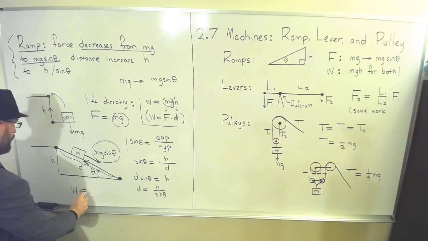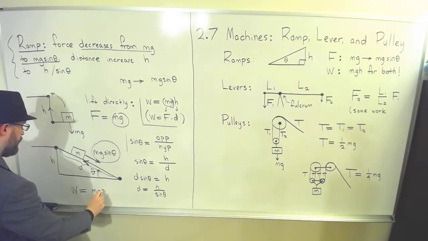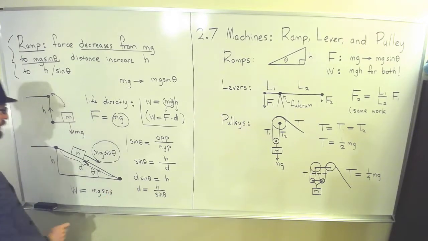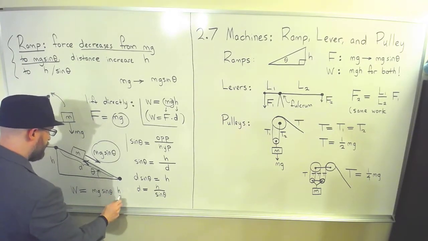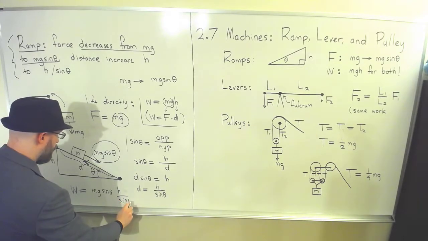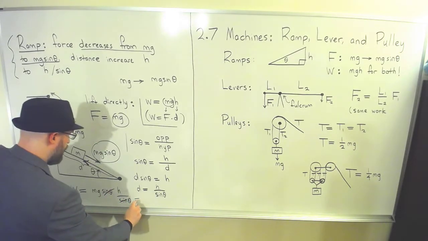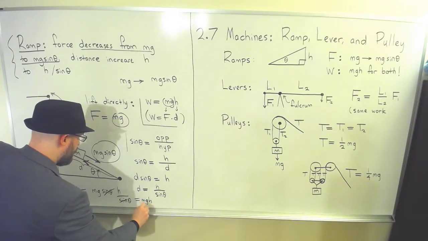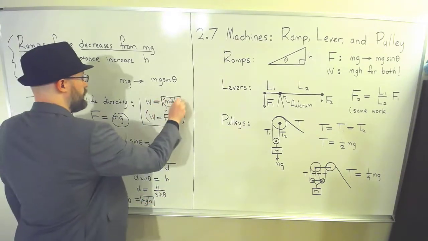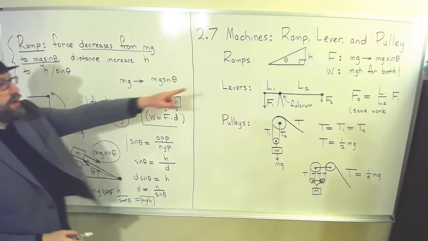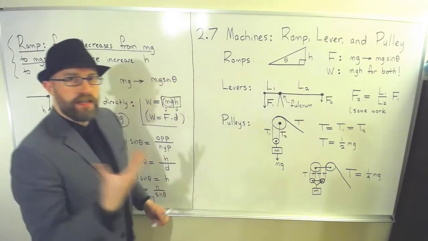The force now is mg sine theta, and the distance is h over sine theta. So the sine thetas cancel, and that leaves you with mgh, which is the same as the mgh here. So the work is going to be the same in both cases. You don't get any free lunch.